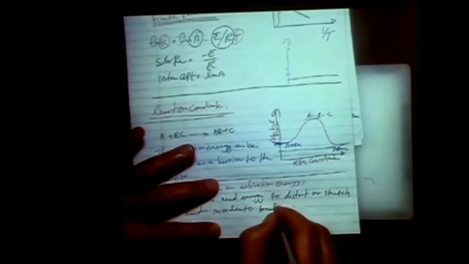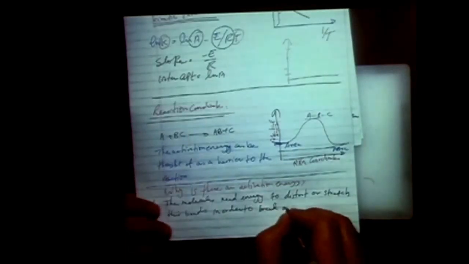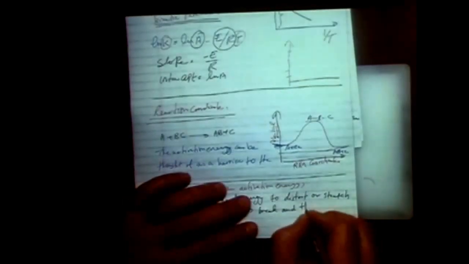Because between A and B there are some bonds that need to be broken, and then new bonds need to be formed. So you need some energy to break these bonds. Otherwise, it's not going to happen. Break them and thus form new bonds.